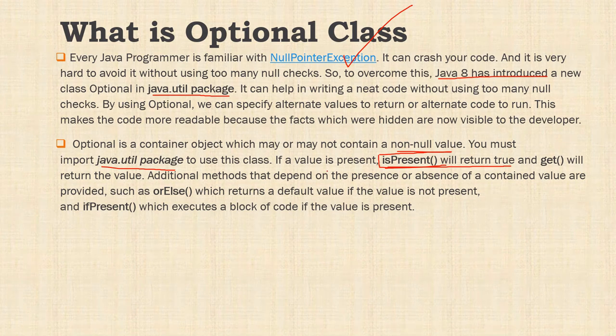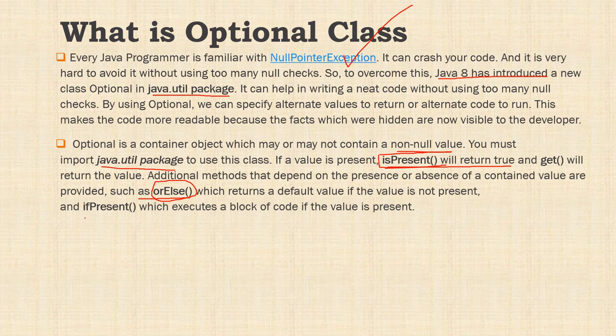Additional methods that depend on the presence or absence of a value are provided, such as orElse. So the orElse method is also there. If the value is null, then it will give the default value. We'll see examples for all the methods one by one. orElse returns a default value if the value is not present. ifPresent executes a block of code if the value is present.